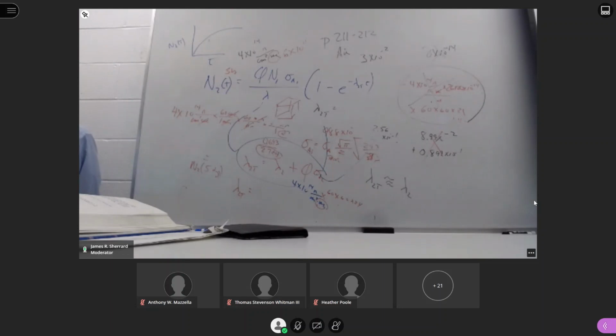We place this material in an epithermal flux at 42 degrees C. What I want to know is how many atoms of tantalum-182 do we have after 220 days of irradiation, or being in the flux.